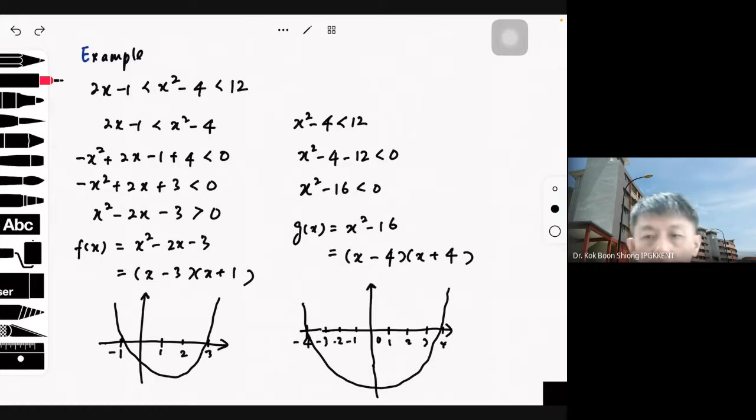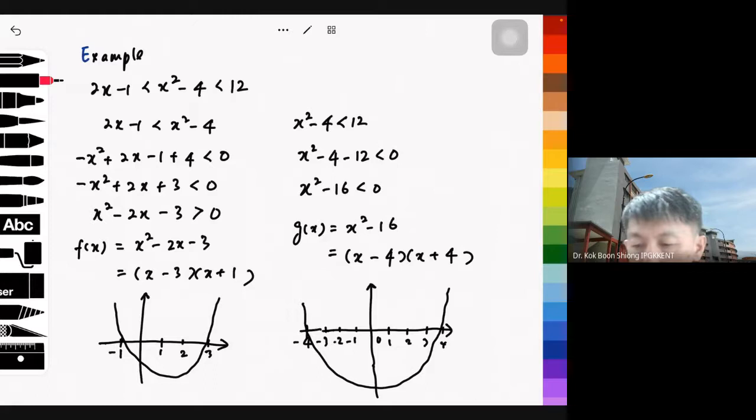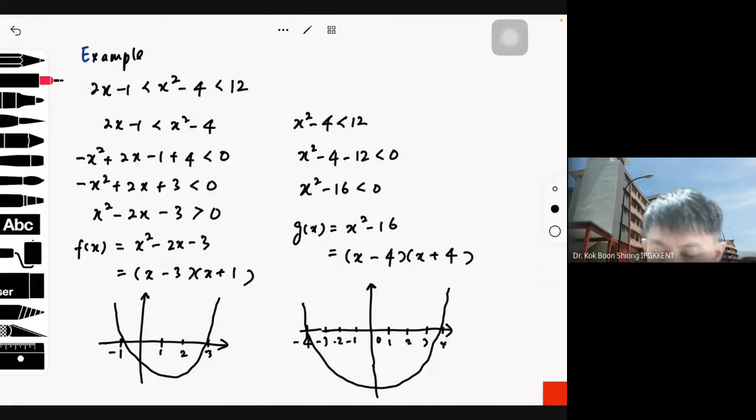For the first one, where is the area we should take? For it to be larger than 0, we have to take the positive side and the positive side.